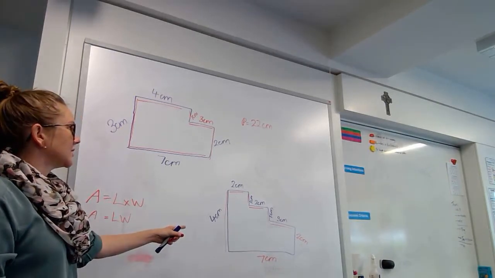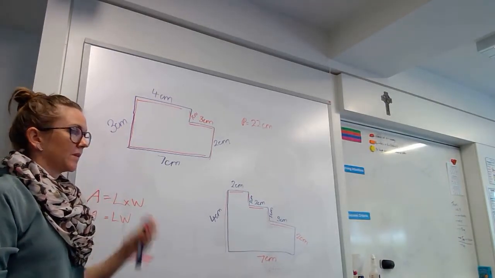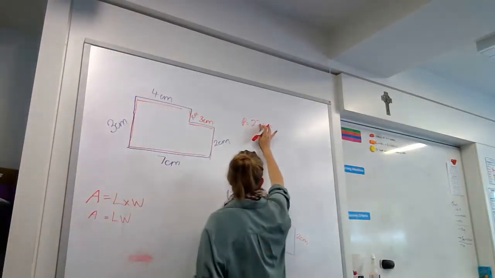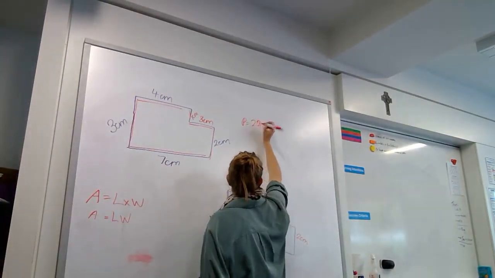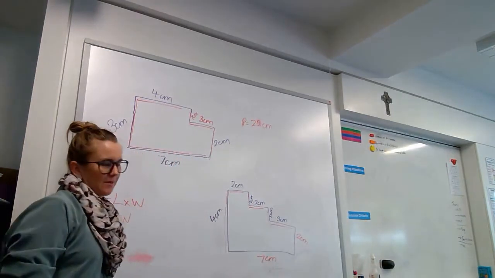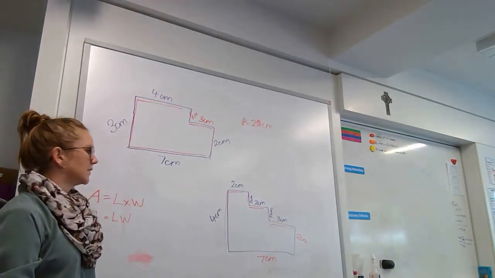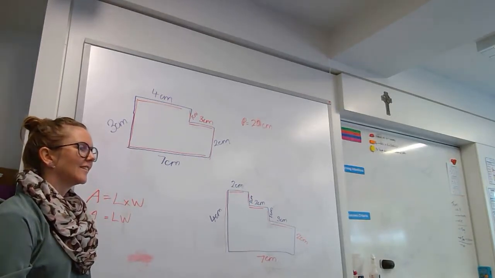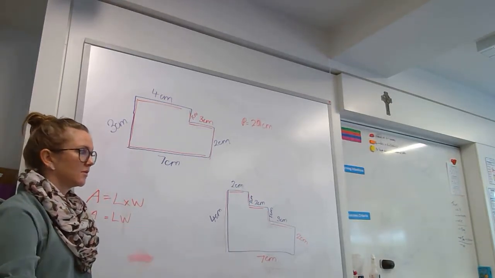Okay, perimeter of the second one. The first one is 20. The second one is 22. You should rely on someone else to get the right answer. I shouldn't rely on Dusty, that's for sure.